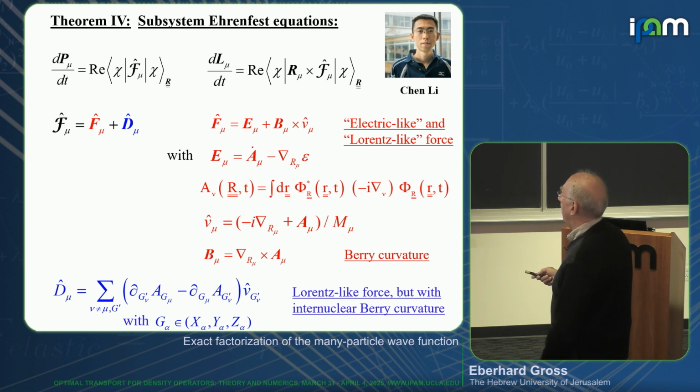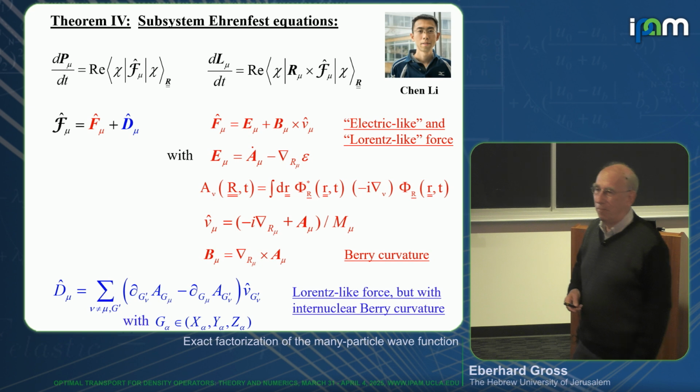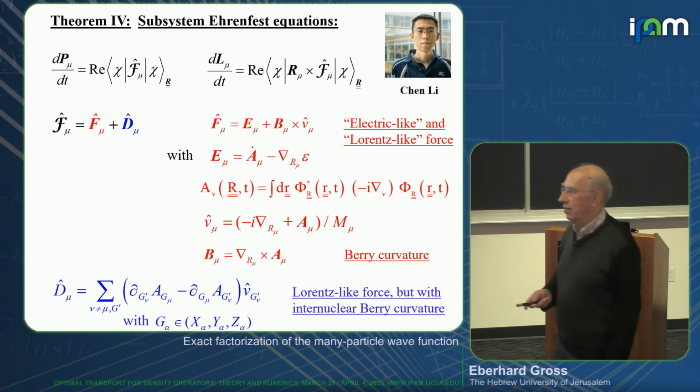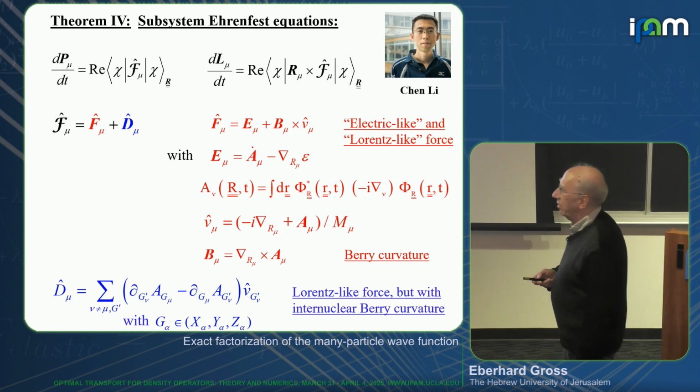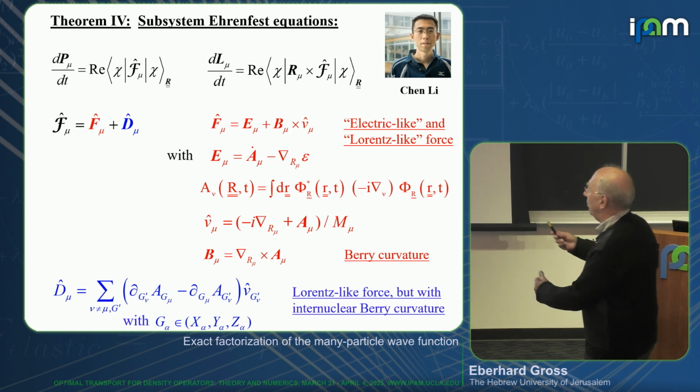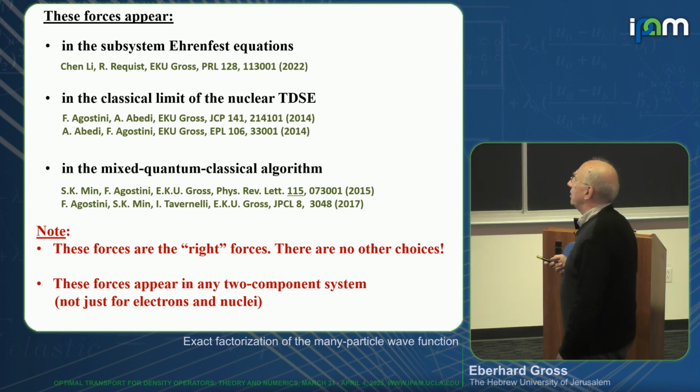Since A depends on all the nuclear coordinates, you get terms of this kind. No classical analog of this. We call it an internuclear Berry curvature. So this is what you get.